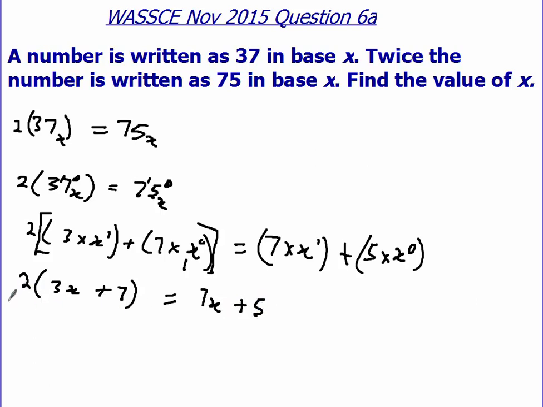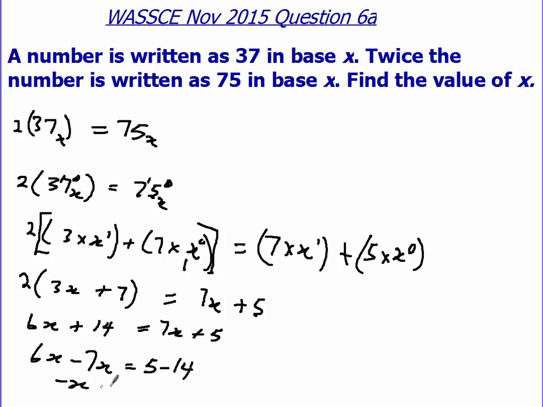So you cannot remove this bracket, which is 6x plus 14 equal to 7x plus 5. The next thing is grouping like terms. So 6x minus 7x equal to 5 minus 14. Negative x is equal to negative 9.